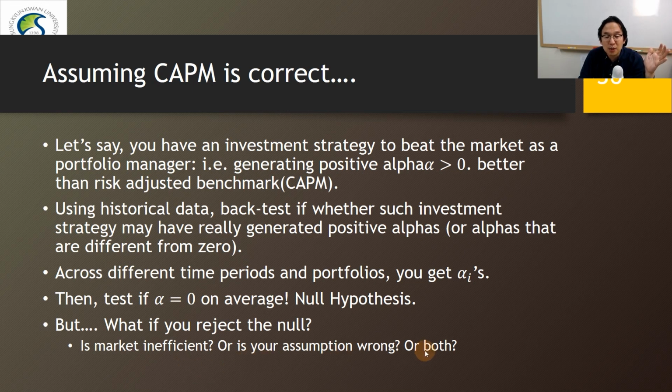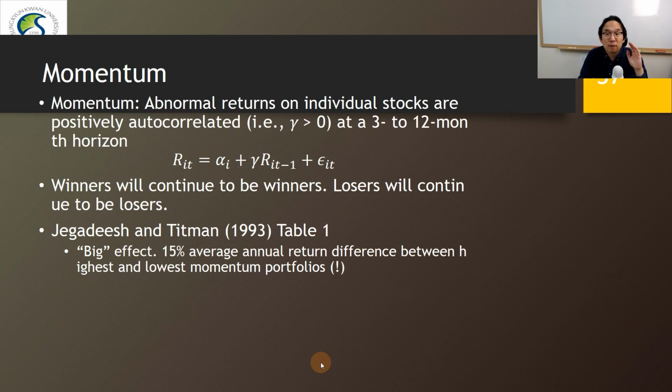Or is your assumption wrong, the assumption that the CAPM is the right asset pricing model, or both? That is a serious question that we're going to address later. Now, in the next video, I'm going to talk about momentum in that respect, using CAPM as our right asset pricing model.